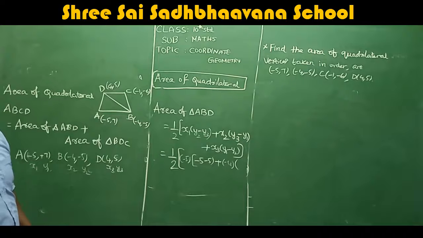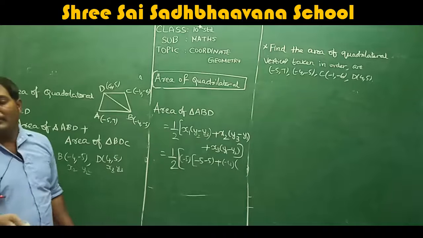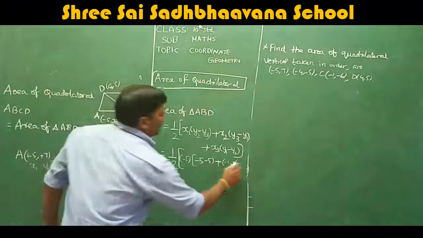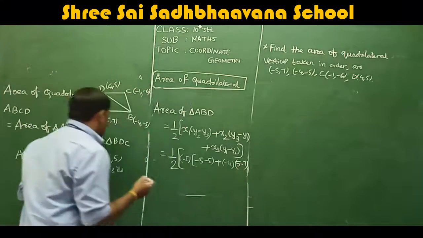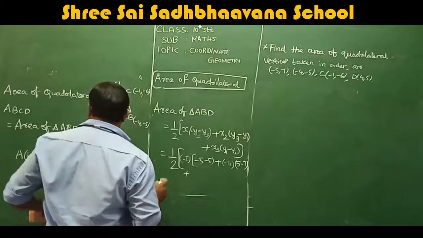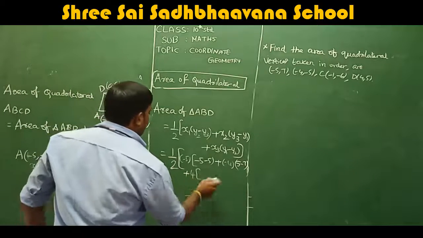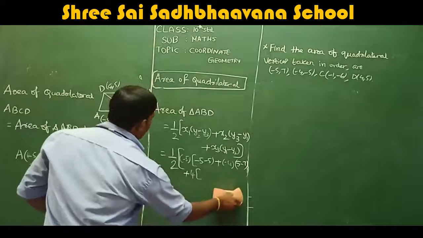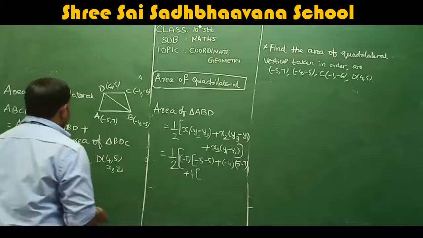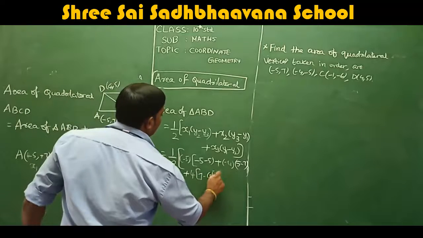So minus 4 into 5 minus 7, correct? Next, plus x3. What is the x3 value? 4 into y1 minus y2, so 7 minus of minus 5.